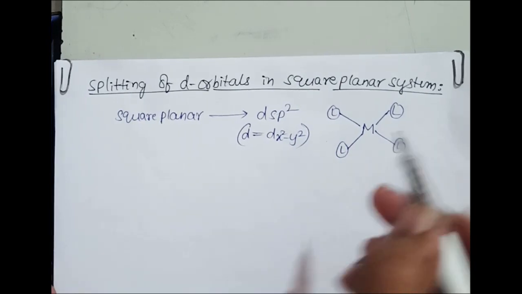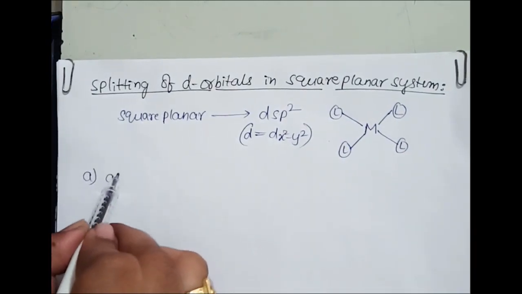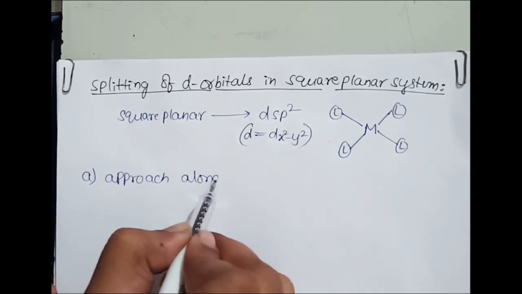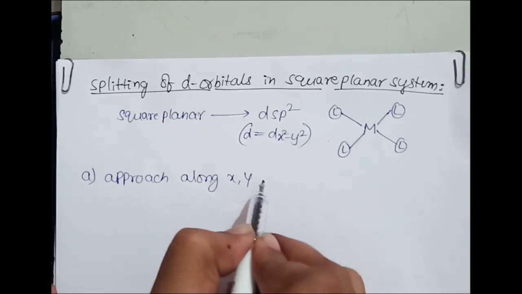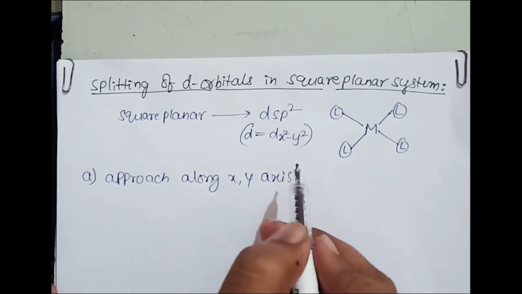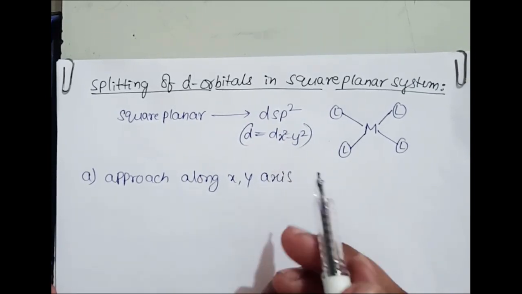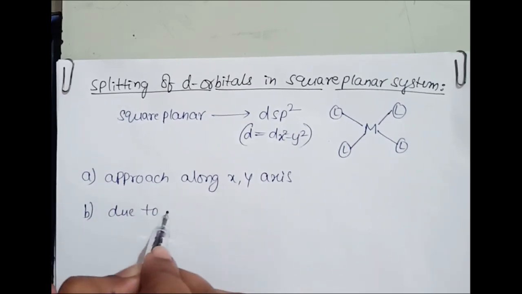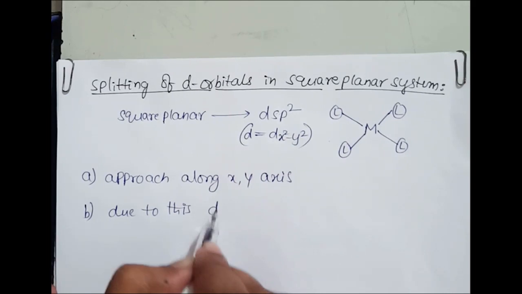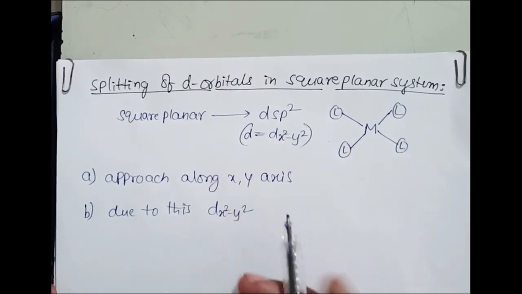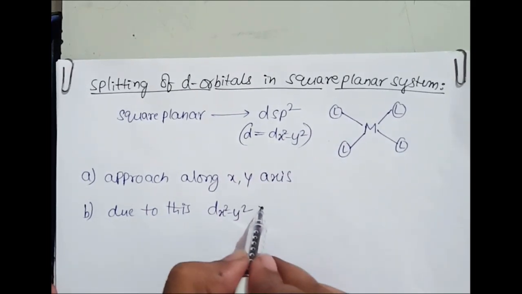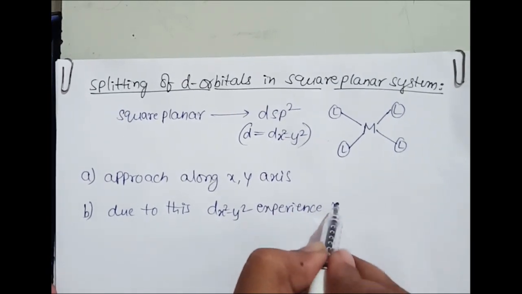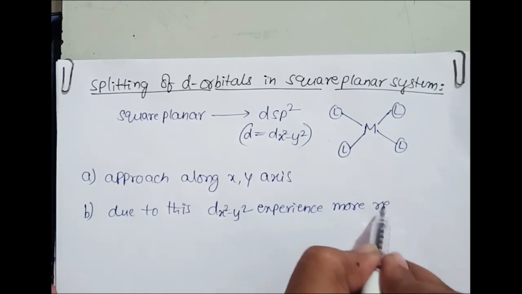So here the approach is very important, as I always write. The ligands approach along the x, y axis. Due to this, dx square minus y square, where the dumbbell is along the axis, experiences more repulsion.